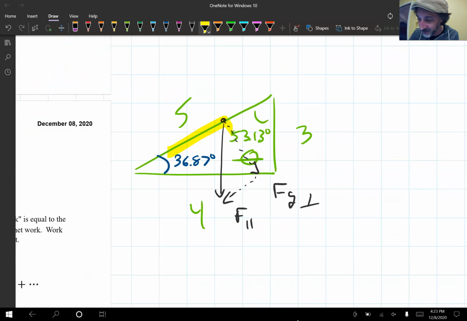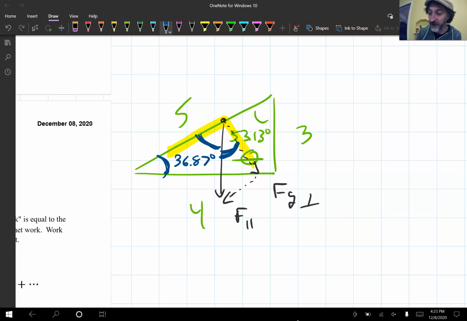So this angle here is 90 degrees. I happen to know that if this blue angle here is 36 degrees, then this angle here must be the 53 degrees, which means that this is, again, the 36 degrees, right?